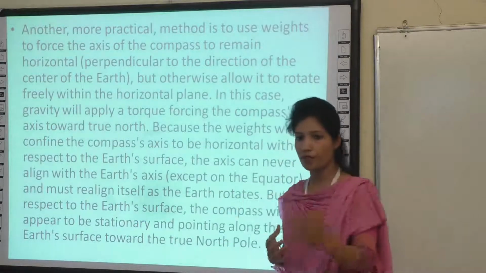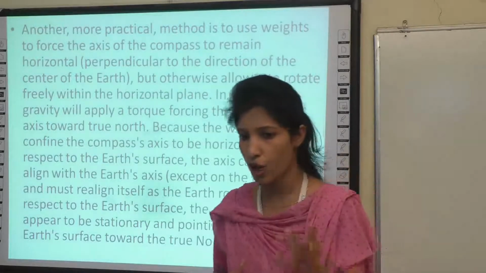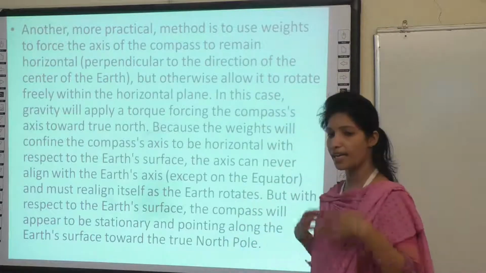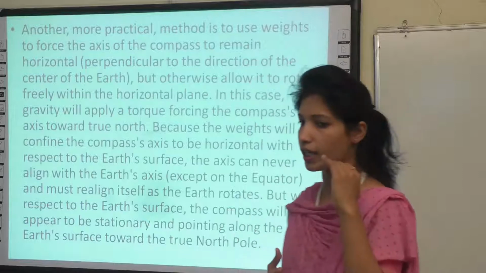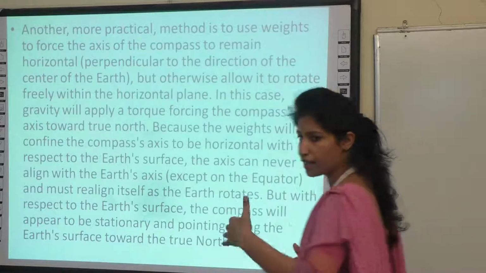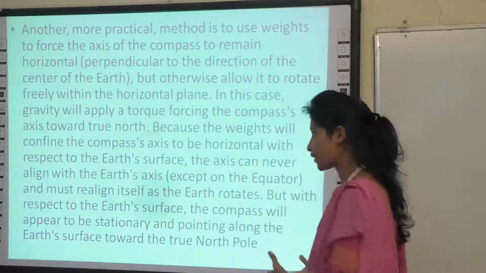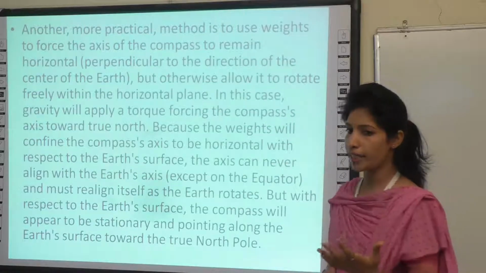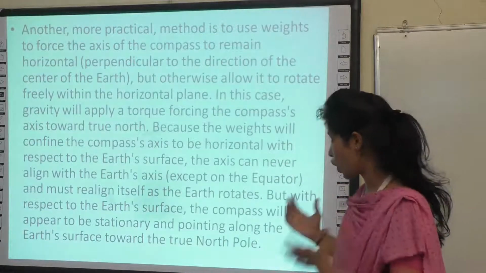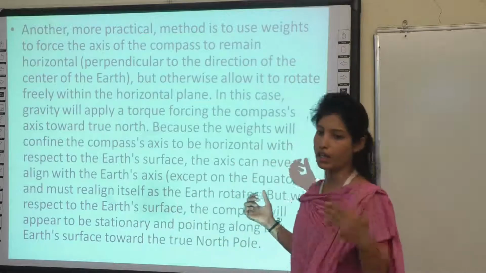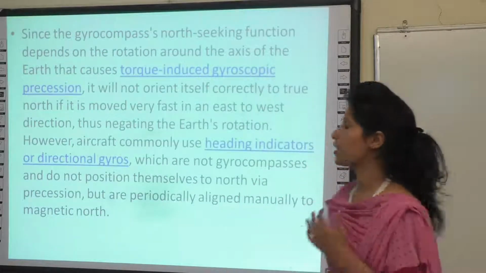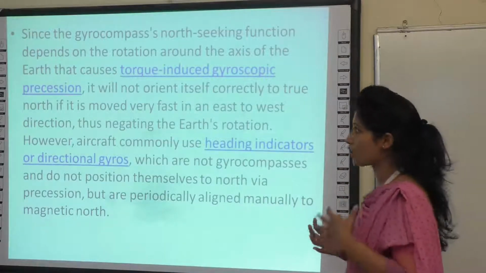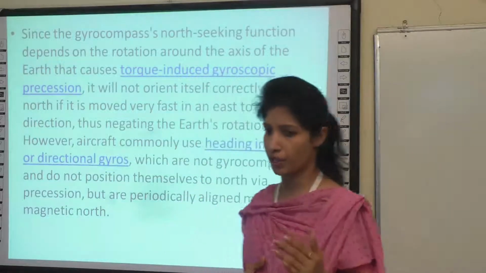Because the weights confine the compass's axis, with respect to the Earth's surface the compass will appear stationary and pointing along the Earth's surface toward the north pole. This is also the explanation regarding the gyrocompass. Next, the gyrocompass north-seeking function depends on the rotation of the Earth, which causes torque-induced gyroscopic precession.